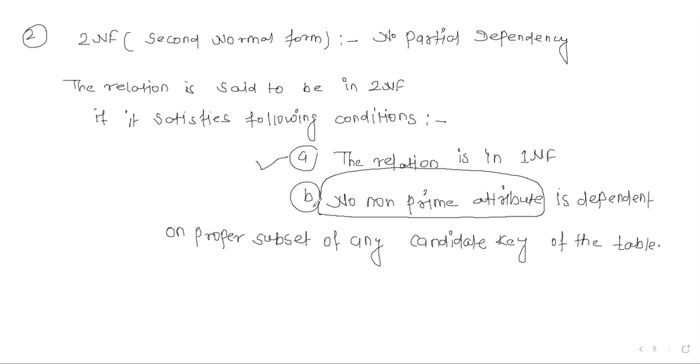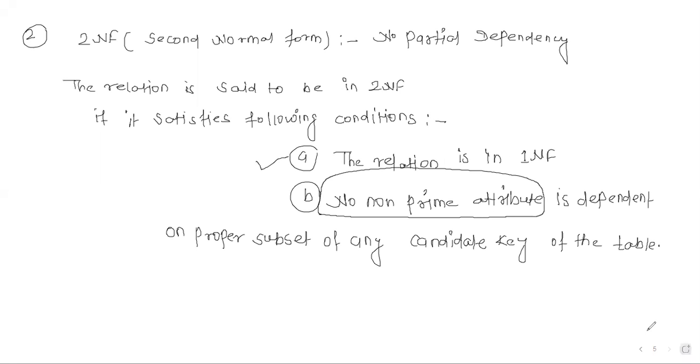What does it mean? There should not be any partial dependency. The meaning of the second statement is that no non-prime attribute should be partially dependent on a candidate key. It should be fully dependent, not partially dependent. That is the concept we need to understand.